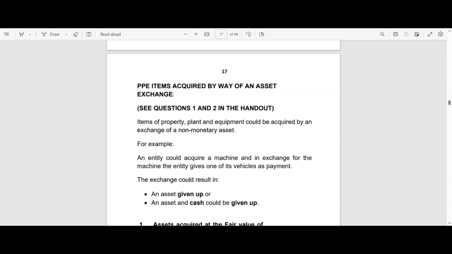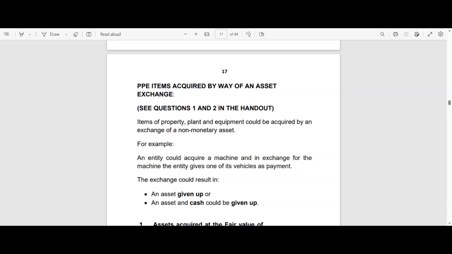By the way, it is highly unlikely that in an asset exchange question they will include directly attributable cost or certain future costs. It will normally only be the purchase price, so I can give you a little heads up there.